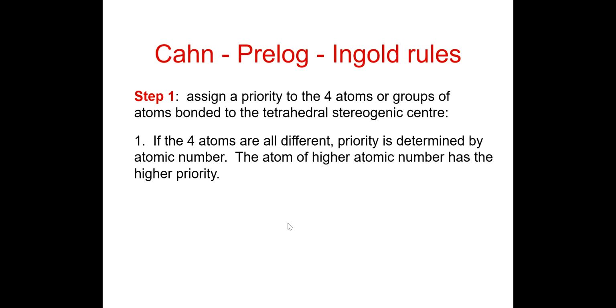So how does this rule work? The first step, you need to assign the priority of the 4 atoms or groups of atoms bonded to the tetrahedral stereogenic center, or the chiral carbon atom.